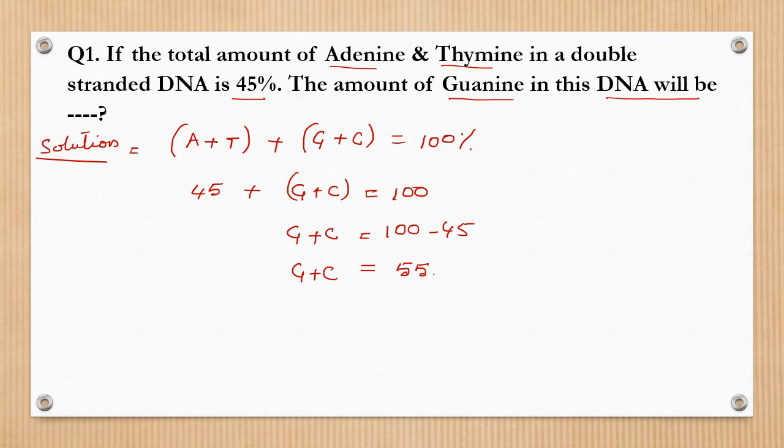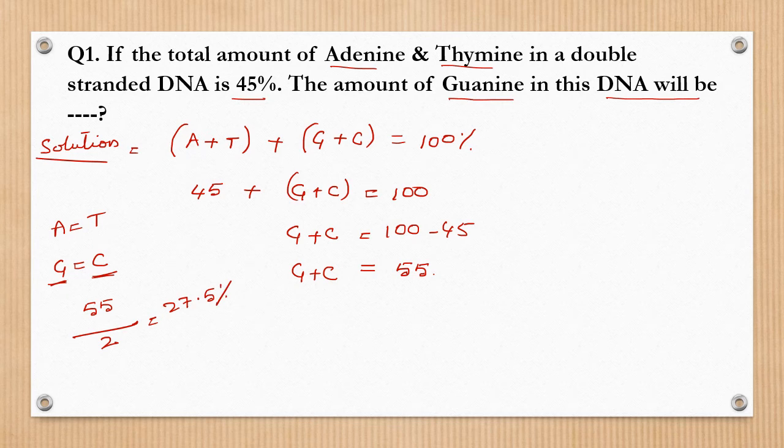So already we discussed A is equal to T, and guanine is always equal to cytosine. That means here 55 we need to distribute equally to guanine and cytosine. So 55 divided by 2 is equal to 27.5%.